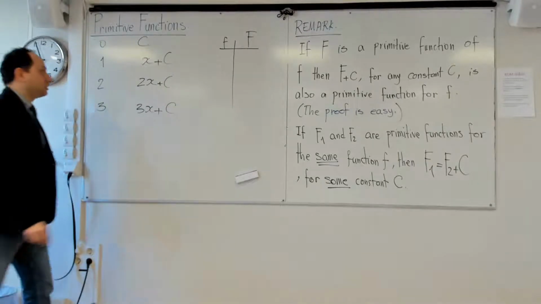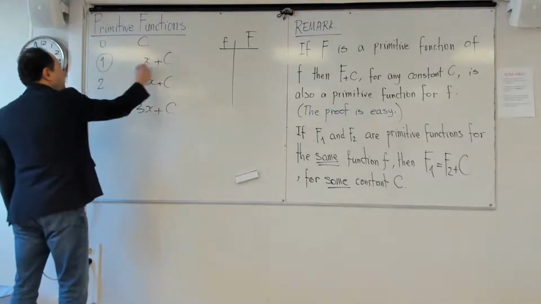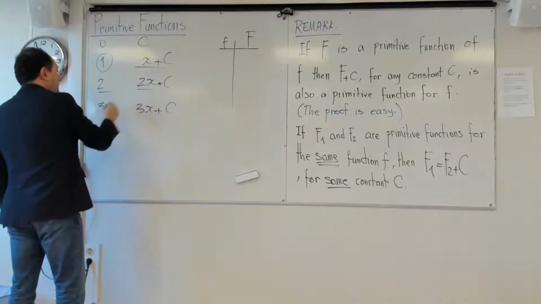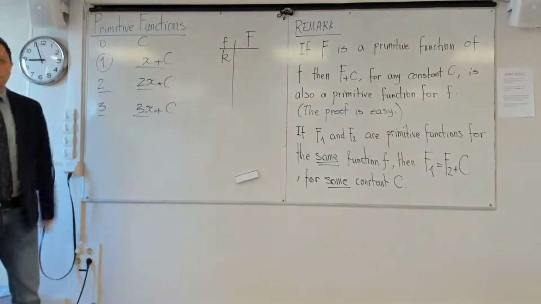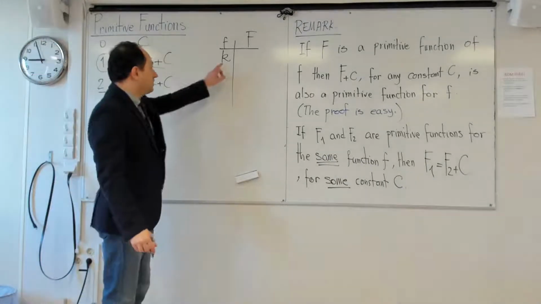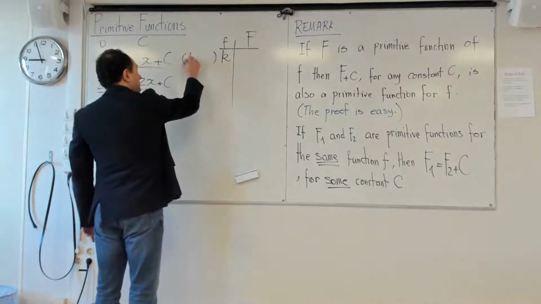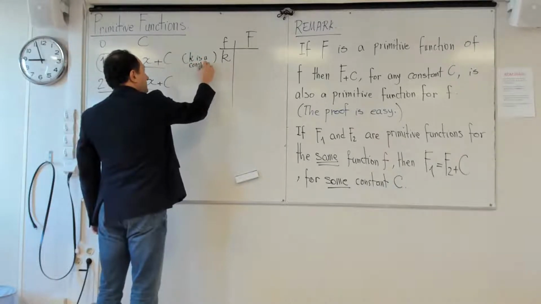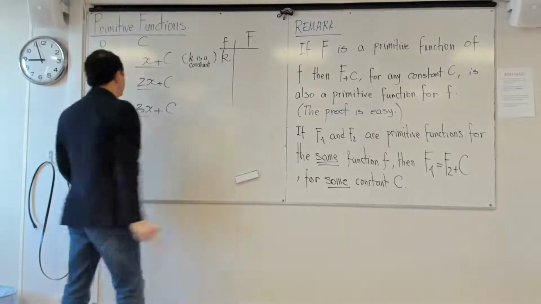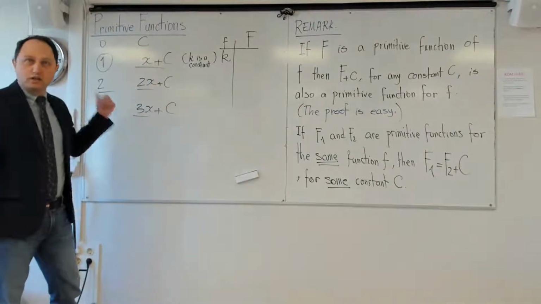And now I'm asking you, if this is 1, it is x. If this is 2, it is 2x, then 3x. So if I have in general k, what's that? k is a constant. What is that? kx, yes, the derivative of kx is k.